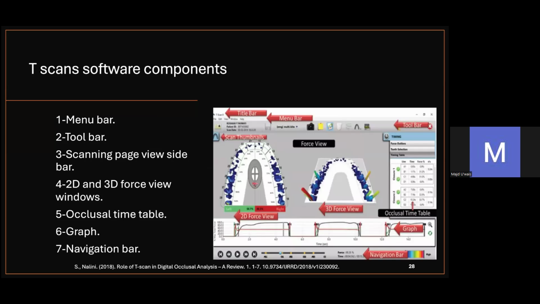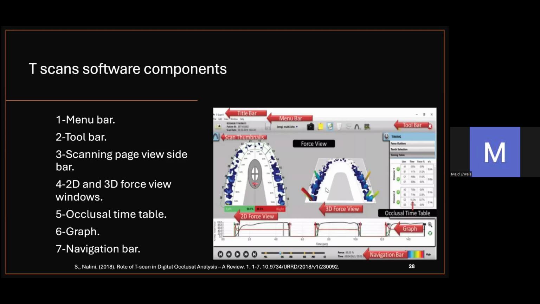Regarding the software components, as you can see, there are several components. The most important are these three: the 2D and 3D force windows, the occlusal timetable, and these graphs. Now, the 2D and the 3D force windows represent the occlusal data with colored columns, ranging from blue, which represents the optimum force, for example like this one, to red, which represents a high force, like this one.